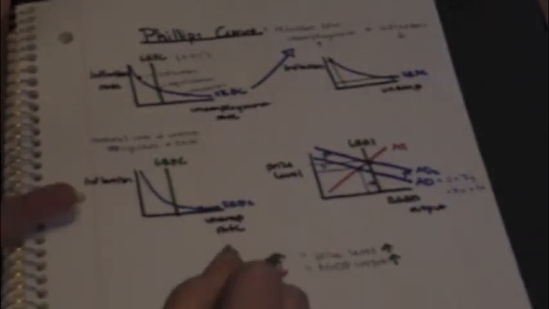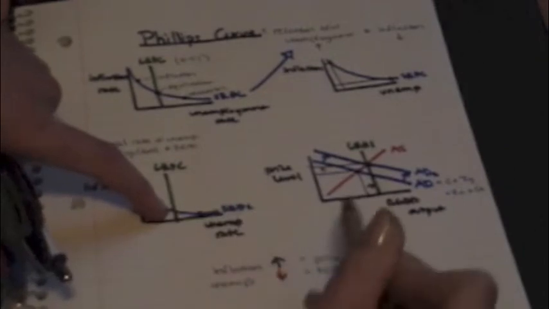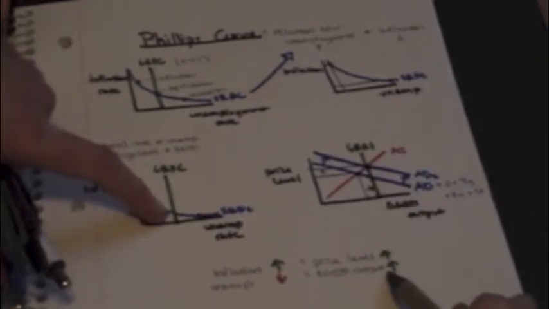So if you look down here, when price level increases, so does inflation. And since we want to increase our inflation by going up the curve, that would work for us. And since real GDP output increases, unemployment decreases, which works exactly how we wanted, because we wanted this line to move to this one.